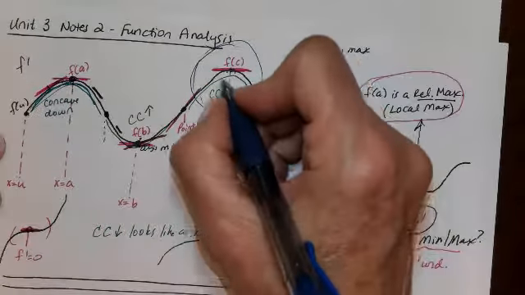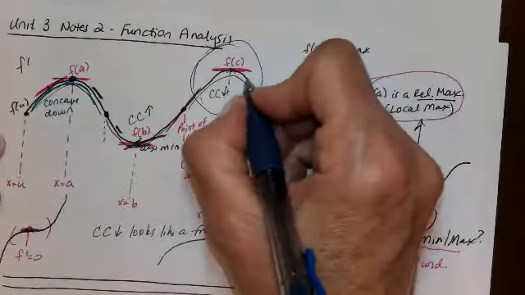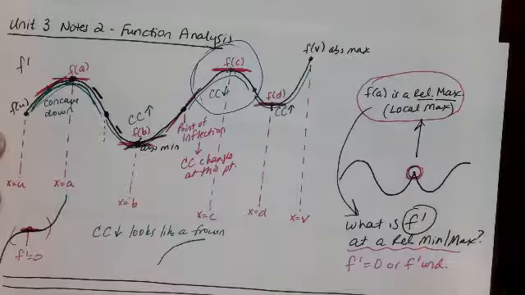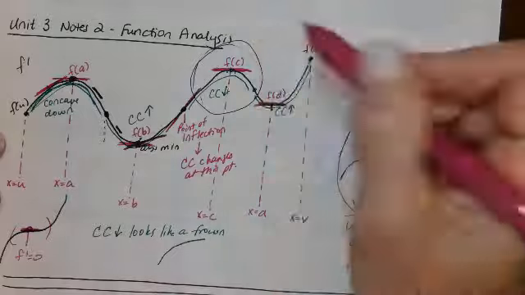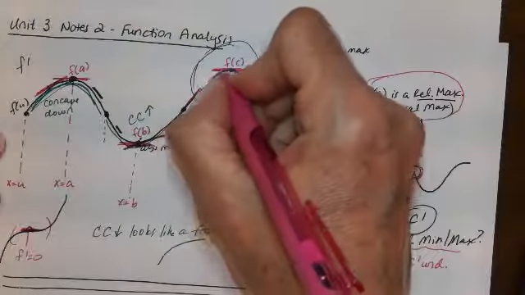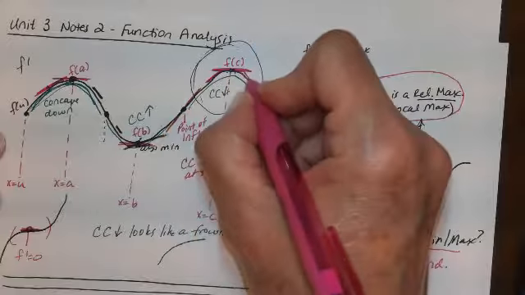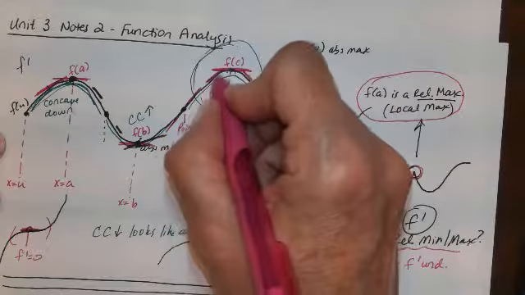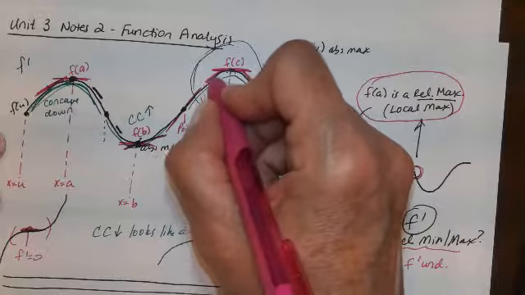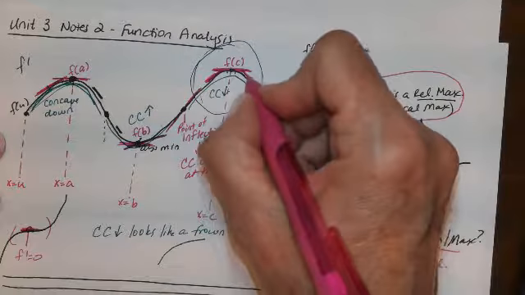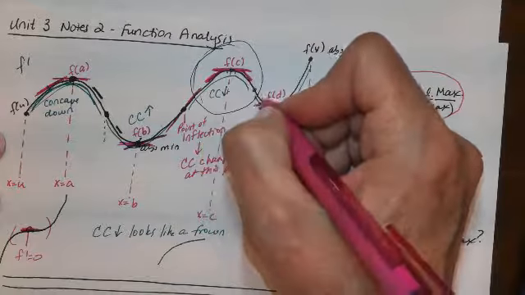Okay, so in that same interval surrounding it, my question is, what was the slope of the tangent, the derivative? What was the derivative on the left? And what was the derivative on the right? Well, the derivative on the left is positive. The derivative on the right is negative, isn't it?